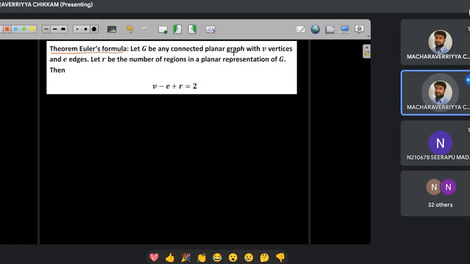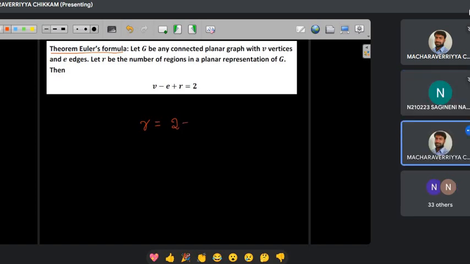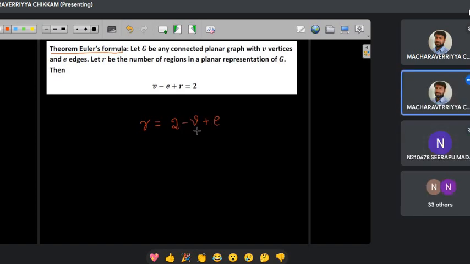A connected planar graph divides the plane into this many regions, that is 2 minus V plus E. That is, the number of regions divided by a planar graph equals 2 minus the number of vertices plus the number of edges. Or simply you can write it like this: V plus R equals 2 plus E. In any form you write, this is the relation.